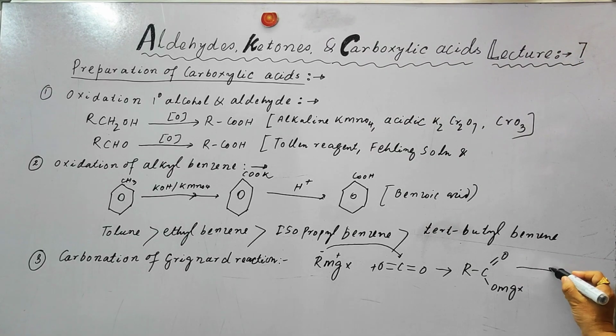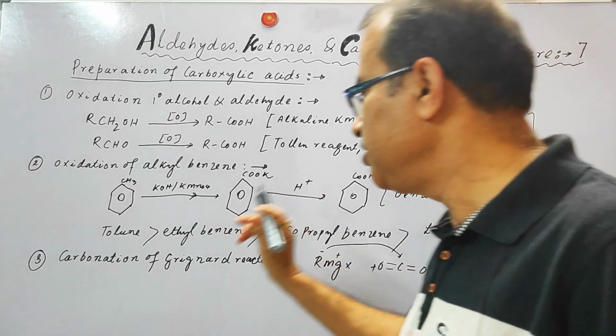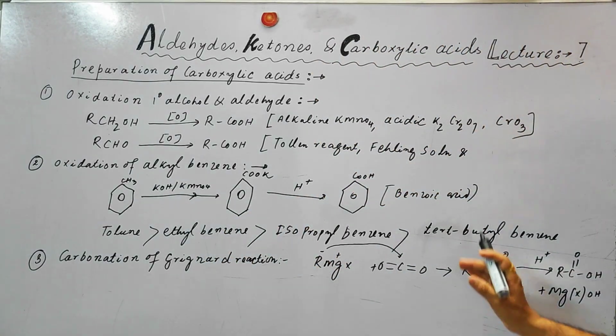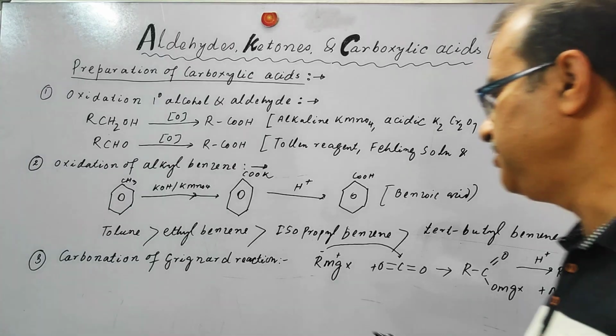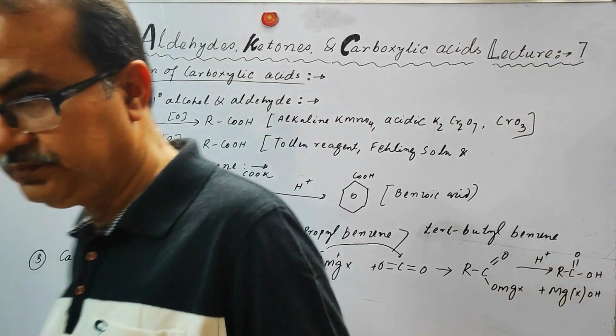When we hydrolyze in presence of H plus ion, that is going to produce the carboxylic acid, and the byproduct you can see is XOH. So by carbonation of Grignard reagent also we are able to produce the carboxylic acid. This is the reaction.